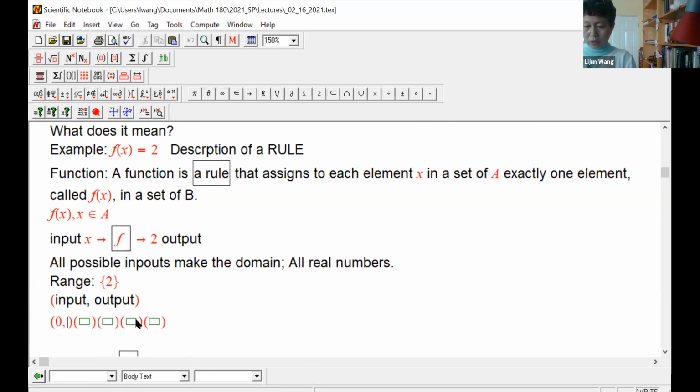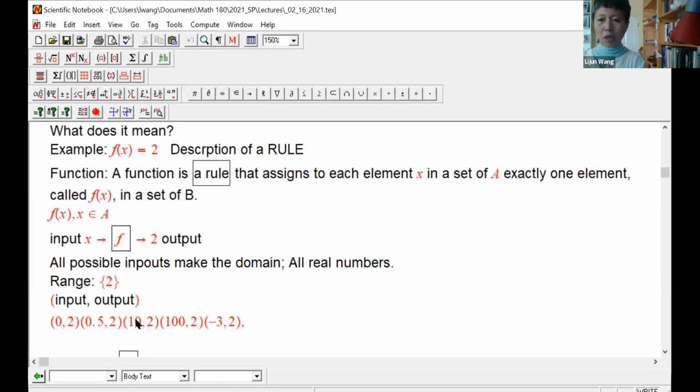If 0 is the input, output is 2. 0.5 is the input, the output is 2. 10 is the input, the output is 2. 100 is the input, the output is 2. -3, the output is 2.